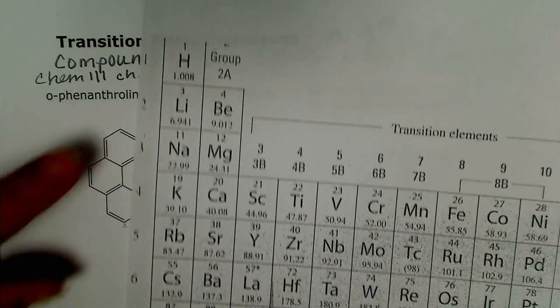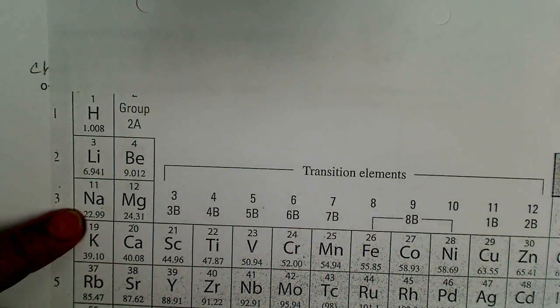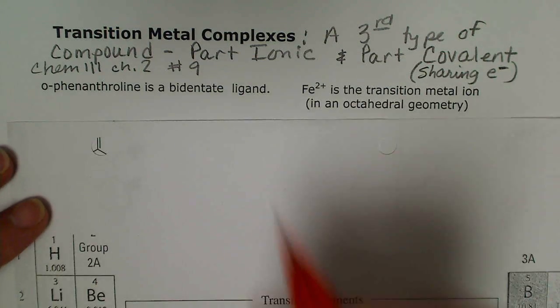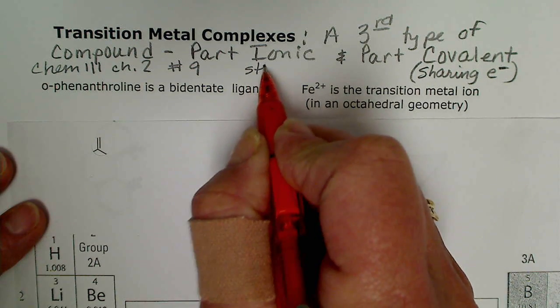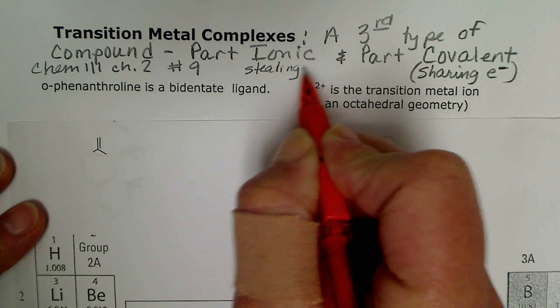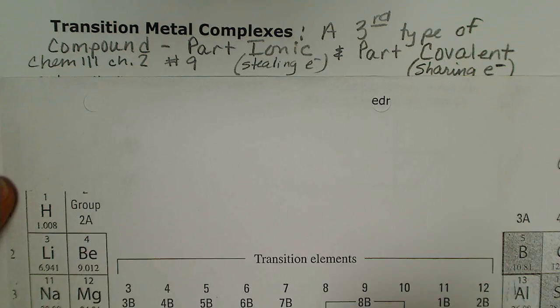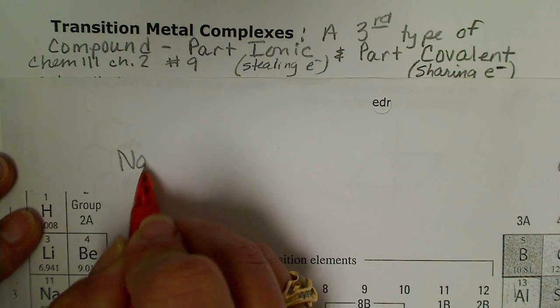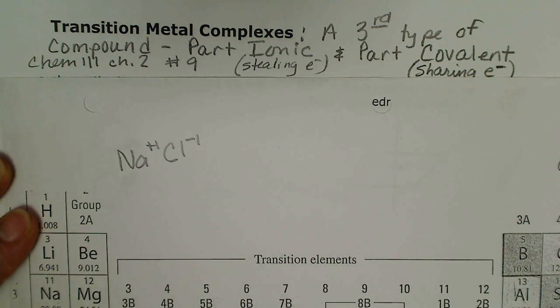Ionic compounds, recall, are when a nonmetal, like chlorine, a chlorine atom, steals an electron from a metal. So an ionic compound is no sharing of electrons. This is the nonmetal stealing electrons. And in order for a compound to exist, those charges have to cancel to 0.